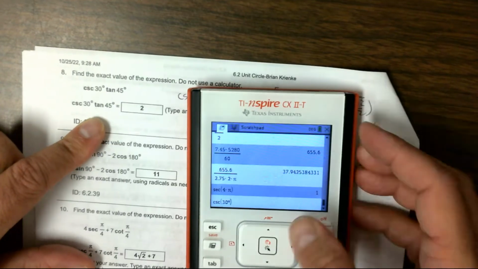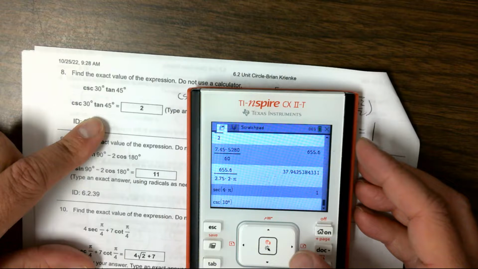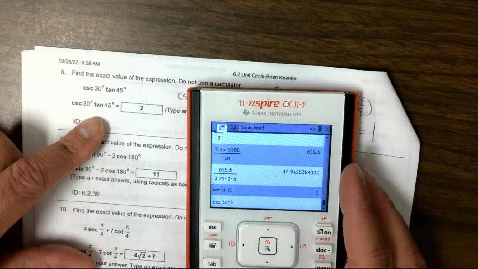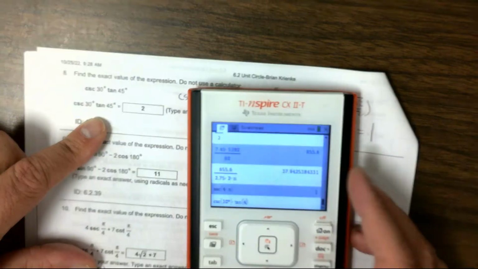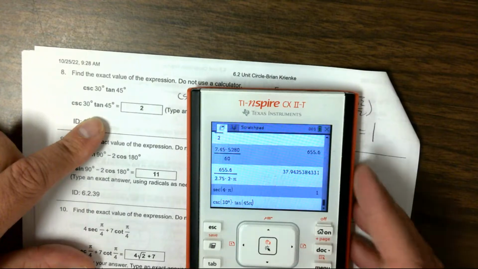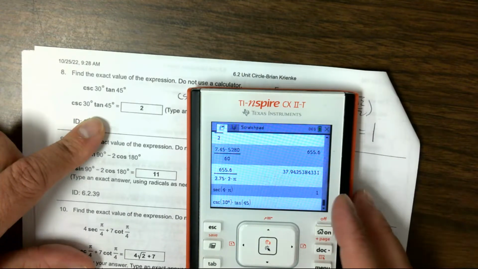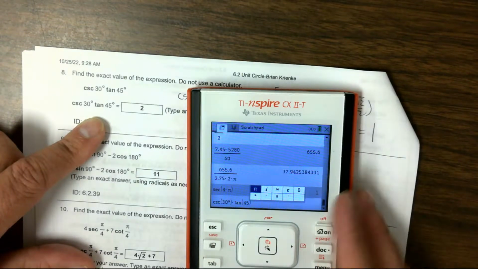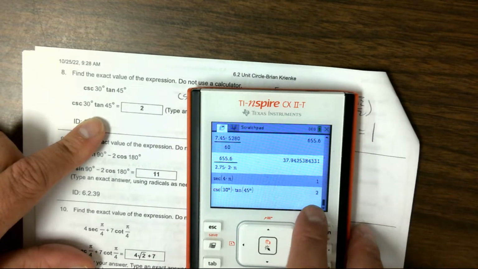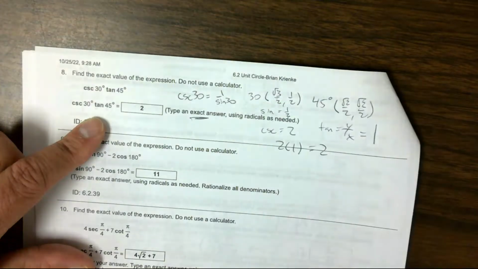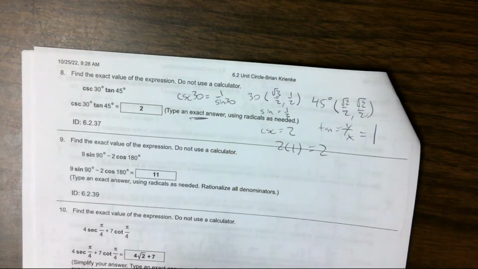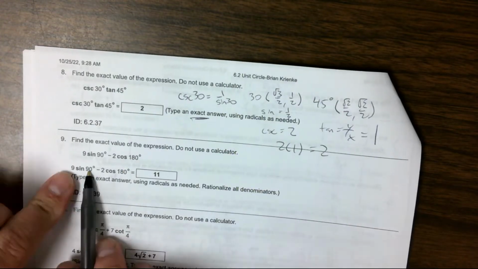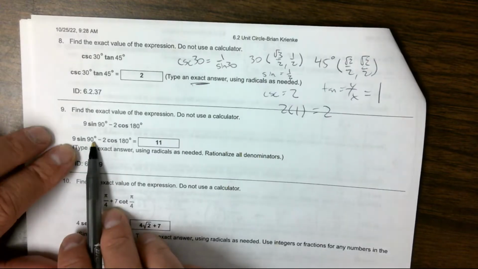Cosecant 30 times tan 45 degrees. Whoops, I did pi. And so I get 2. So that's your answer.